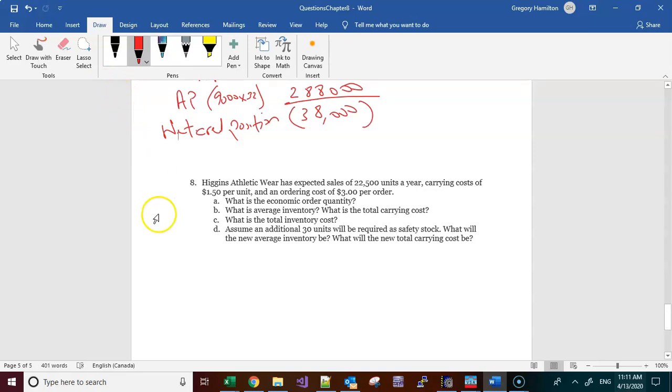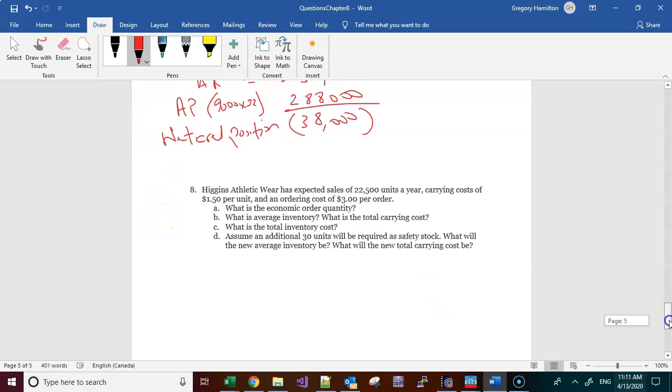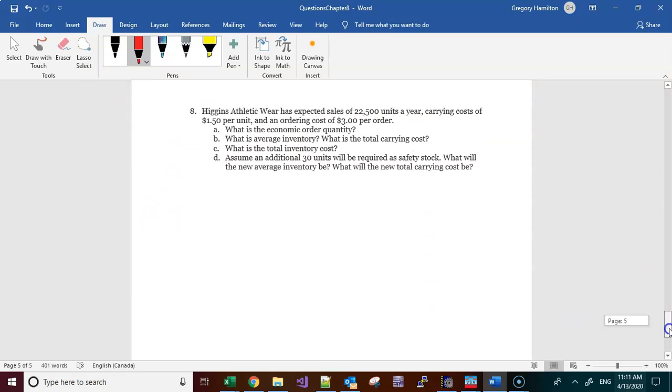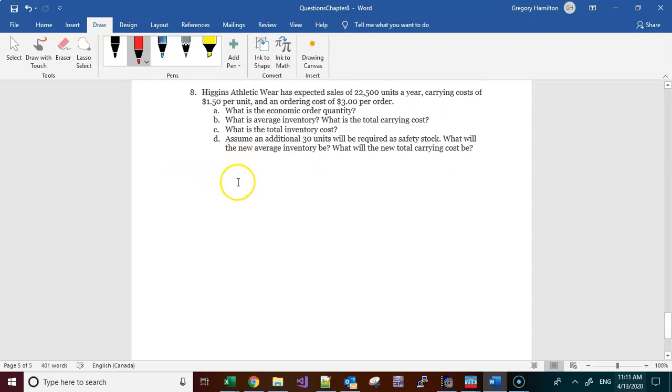So if we go back to the formula for calculating economic order quantity, we know that economic order quantity is equal to the square root of 2SO over C, right?